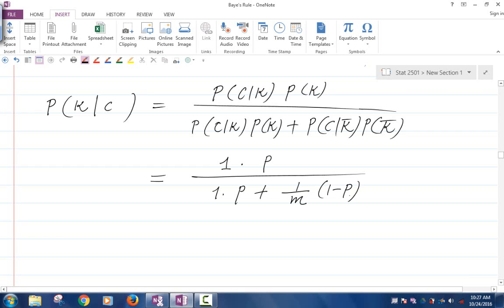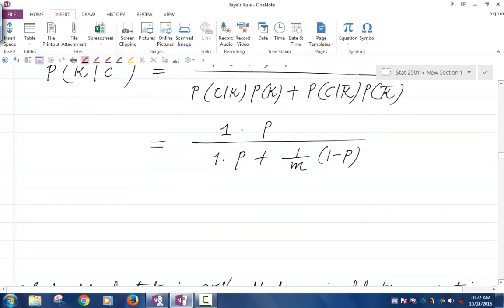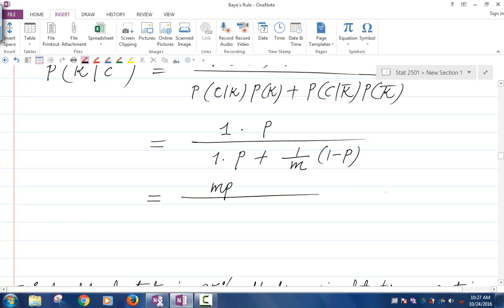Okay, so you can do the simplification, arithmetic, and what you should be getting at the end is mp over mp plus 1 minus p, unless I made an algebra mistake. That should be the answer, okay? You can do the algebra and check that.